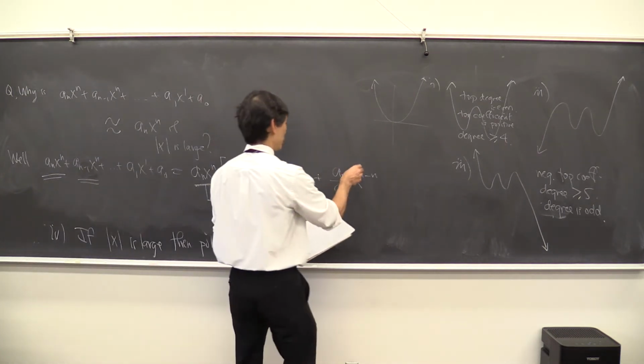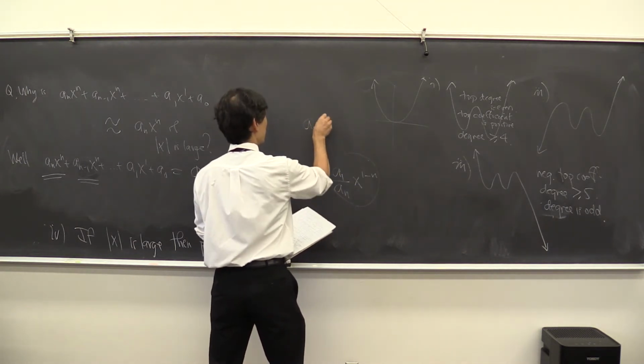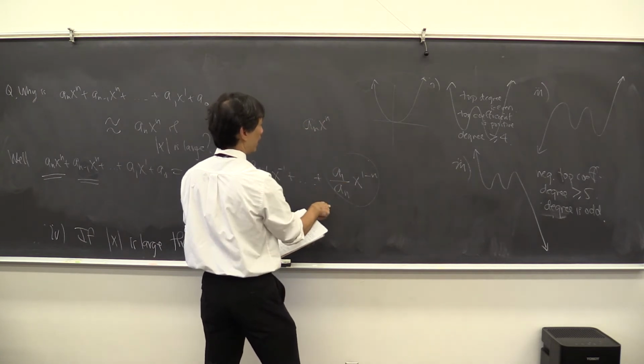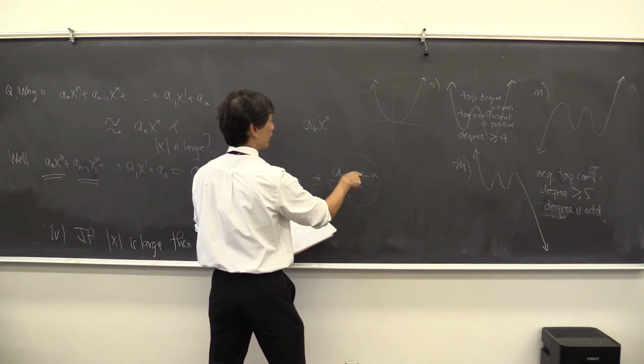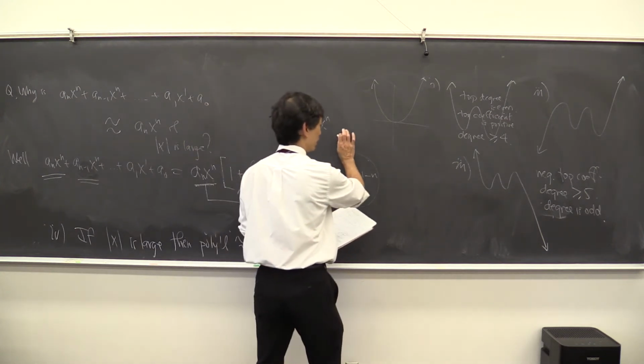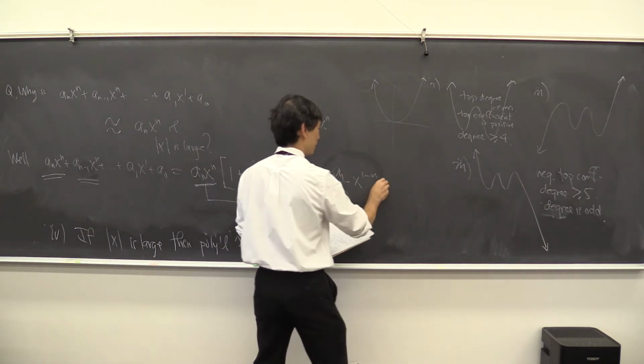right? When we multiply this by a_n x^n, what's going to happen? This would cancel with that, and then the n would cancel with this n here. We'd be left with a_1 x^1. And then for the last one, we do something similar.